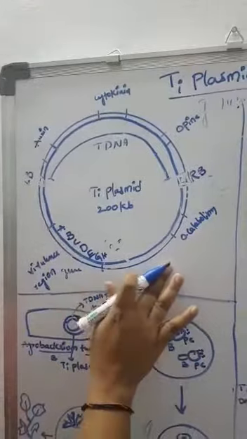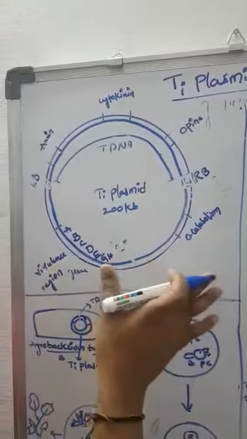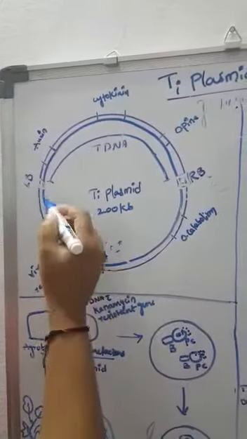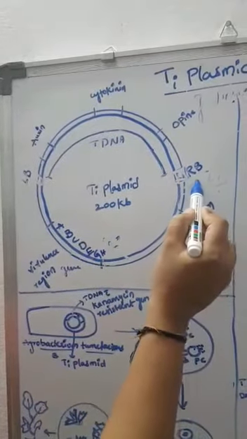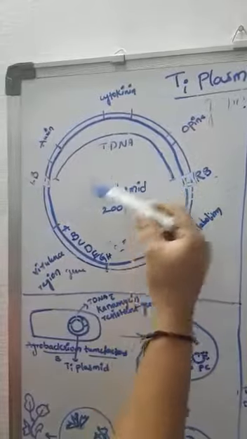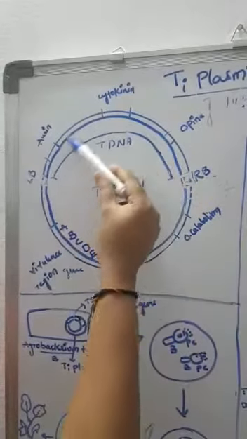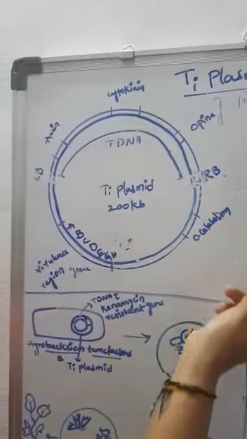With the phenolic compounds, it is attracted towards the host, and it activates and cleaves at this base pair sequence site, and it releases this tDNA portion into the host plant.